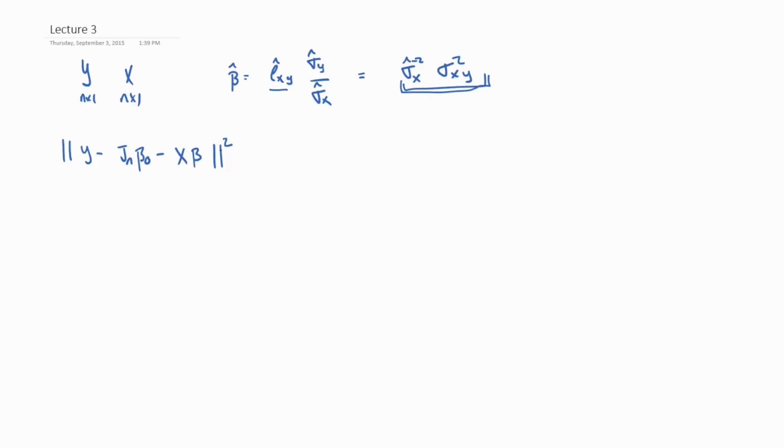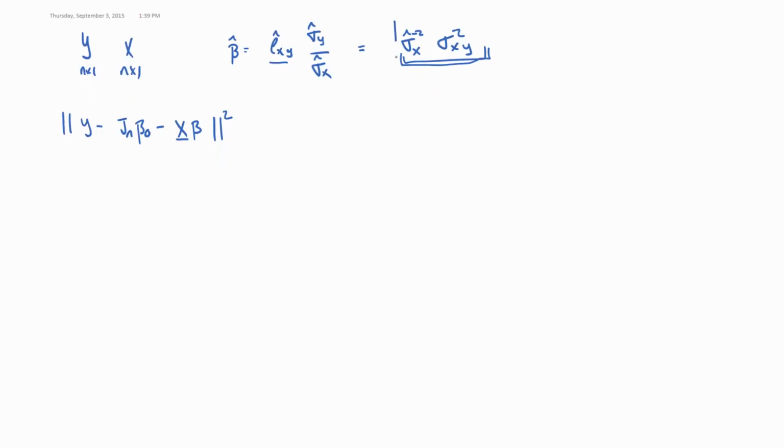I know this is somewhat poor notation, but this is our least squares criterion with an intercept, where now I'm assuming my x does not include an intercept. I want to relate this back to the formula from linear regression to show that our multivariable regression is the same thing. Let me call this vector beta 1.